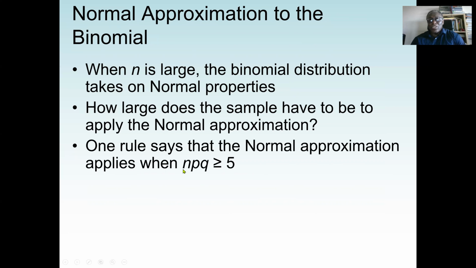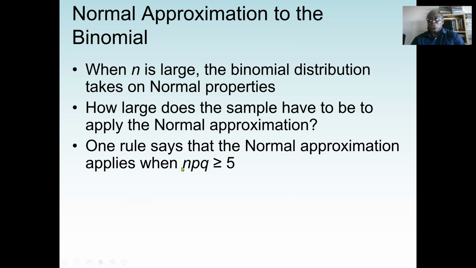Normally they give us a condition: if the number of tries n times the probability of success times the probability of failure, npq, is greater than or equal to 5, then we do our normal approximation, which means the binomial will take on normal distribution properties.